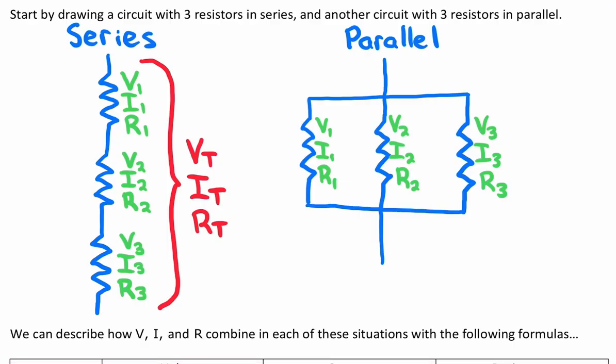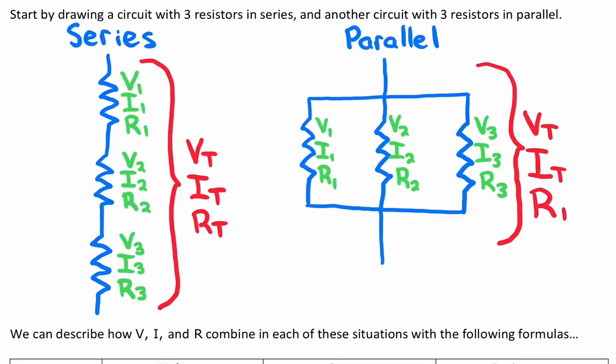And similarly on the parallel side, if I look not at each individual resistor, but from the very top to the very bottom, there will be a total voltage from the top to the bottom, a total current, which is the current I'll measure at the top or at the bottom, and then a total resistance, the combined effect of all of these resistors together.